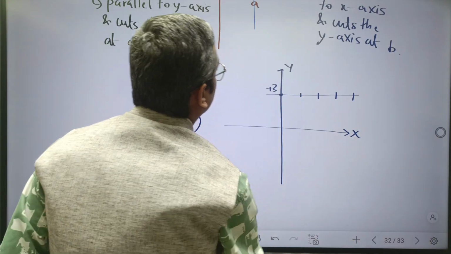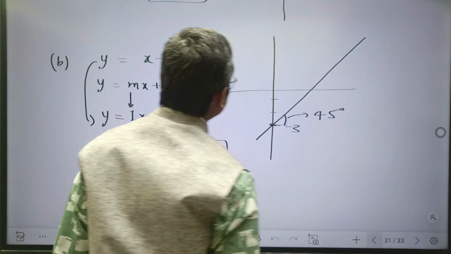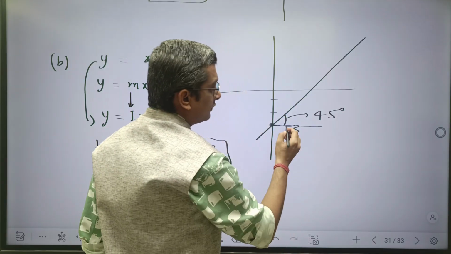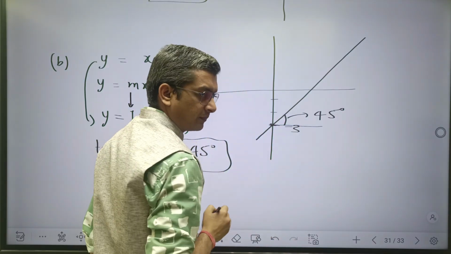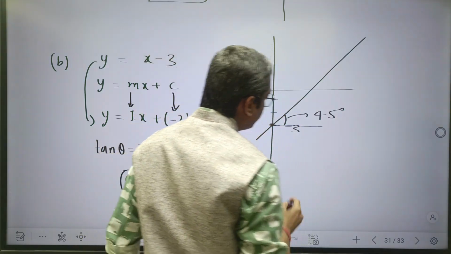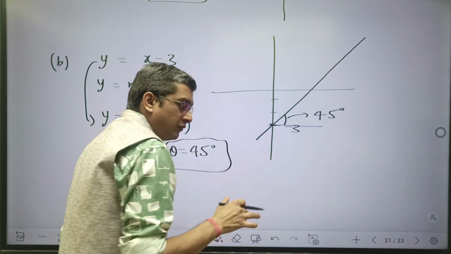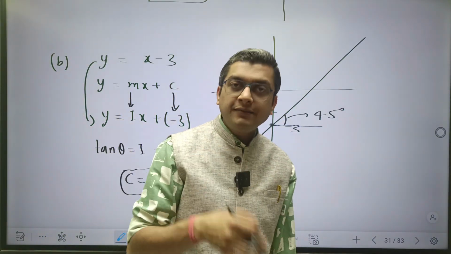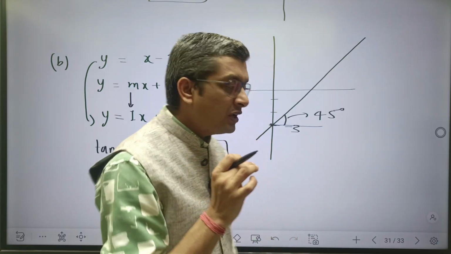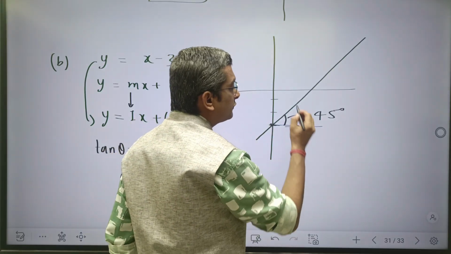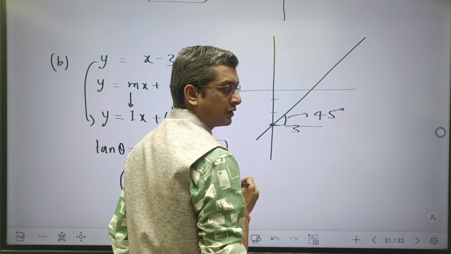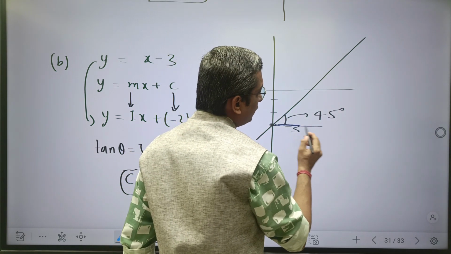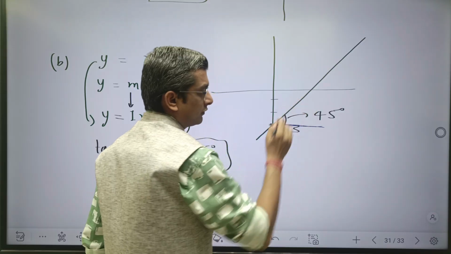For example, in the earlier examples, we take this theta from this line, and this line is parallel to x-axis, isn't it? So whenever we talk about slope, we take tan theta, but that theta is being measured from the line which is parallel to x-axis. So here we take 45 degree from this blue line, and this blue line is parallel to x-axis.